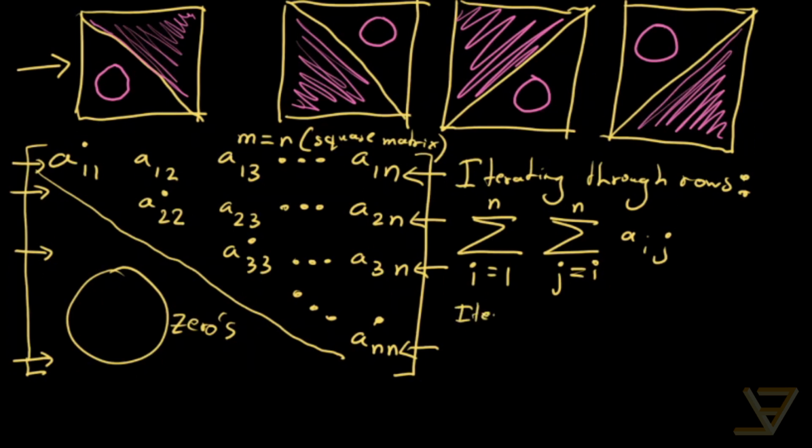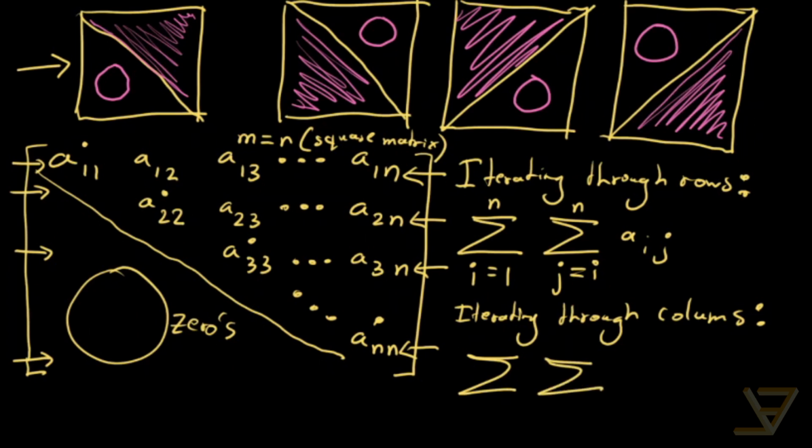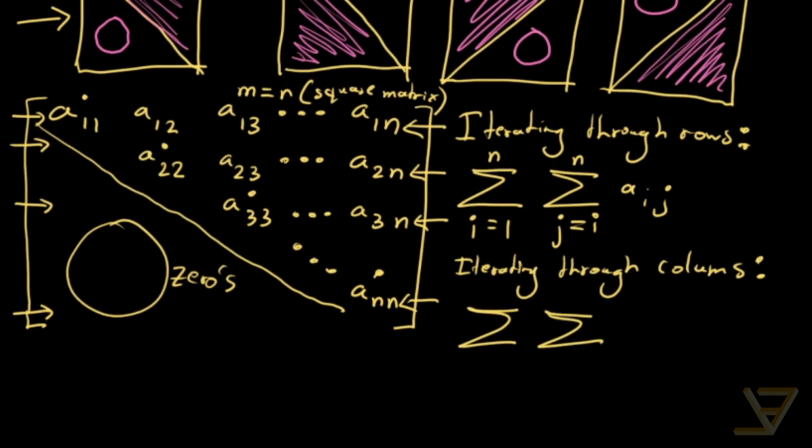Whereas if we're iterating through columns, we get the following nested sum. We start with j equals 1 through n, because we are going through every column.